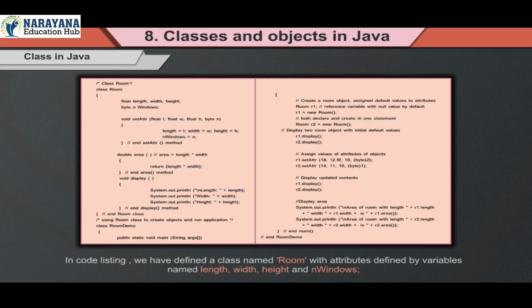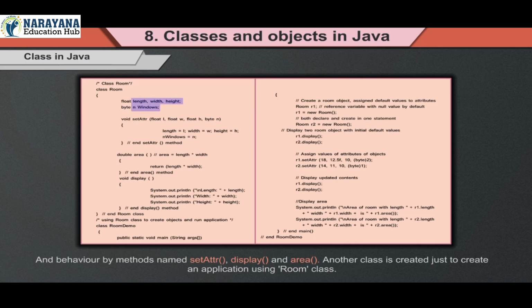In the code listing, we have defined a class named room with attributes defined by variables named length, width, height, and windows, and behavior by methods named setData, display, and area. Another class is created just to create an application using the room class.